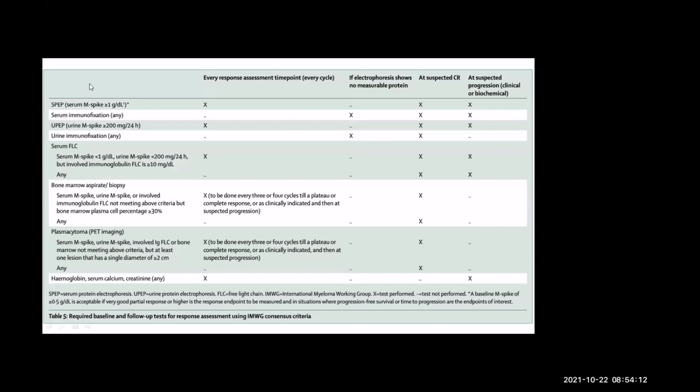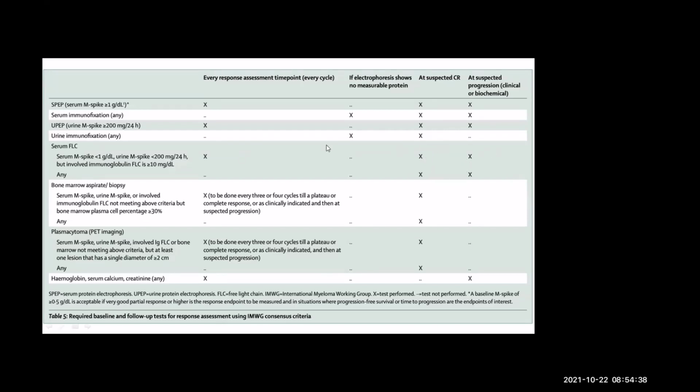They also have given guidelines on what to do when we have a response. For example, electrophoresis is required for every response assessment. Immunofixation is required only when you suspect that the person has achieved a CR and your electrophoresis is not positive. Urine BJ protein is also required for every assessment. Serum free light chain assay, as per this recommendation, is required only when you want to qualify someone as a stringent CR.